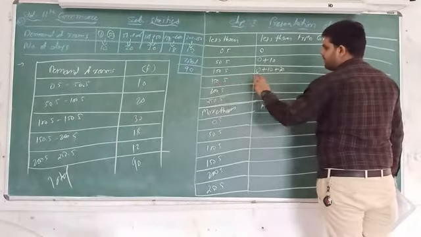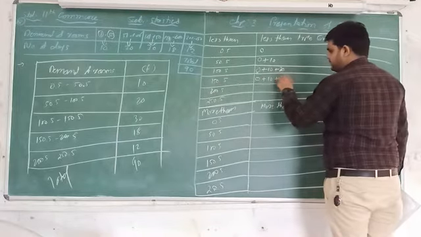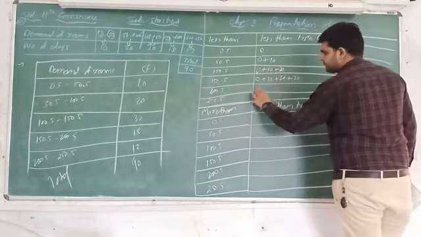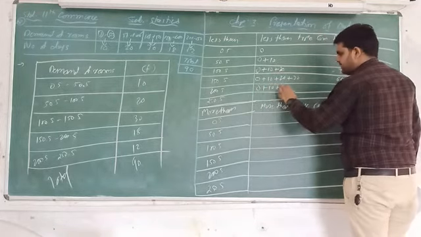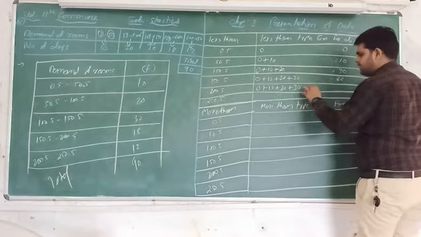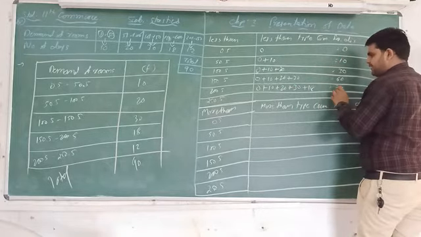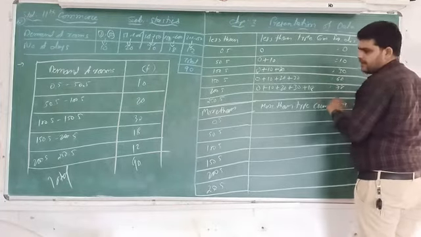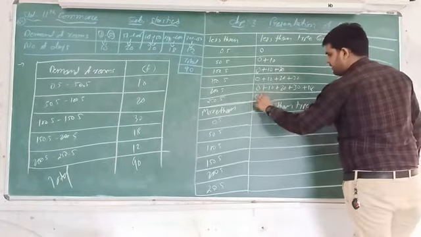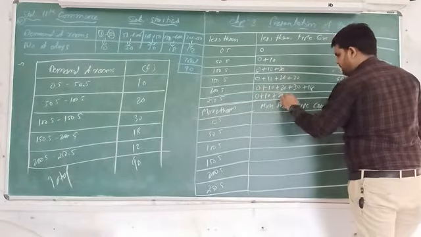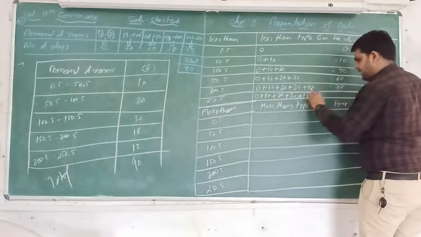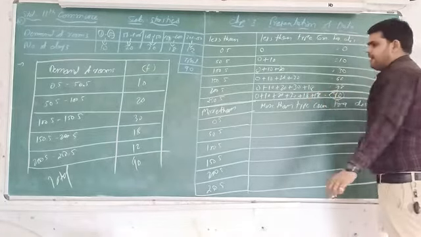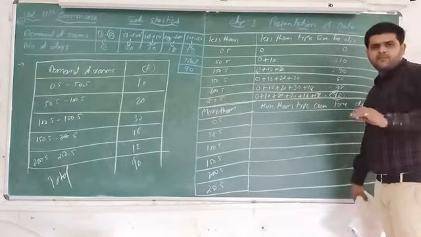Below 150.5, 0 plus 10 plus 20 plus 30, answer is 60. Then plus 18, 78. And then plus 12, answer is 90. So this is the less than type of cumulative frequency.